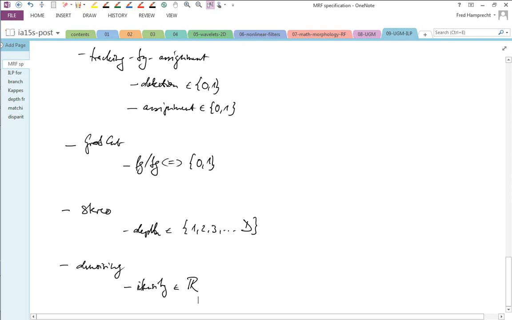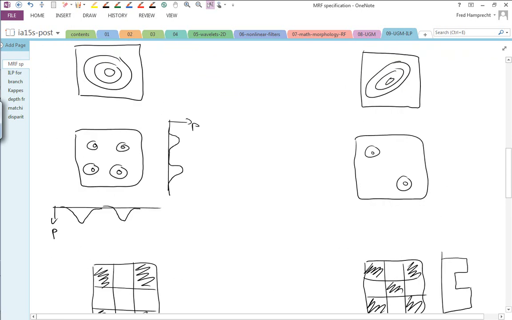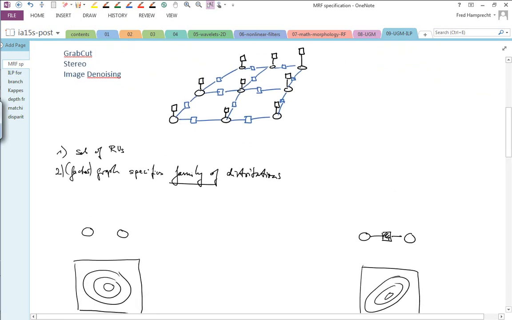I was wondering if I should have merged the set of random variables with the graph, because the graph consists of vertices and edges. I left it as an extra point because it alludes to this modeling decision of what are your entities. You know, what is your fundamental entity? Is it a pixel, or is it a superpixel, or is it an object?